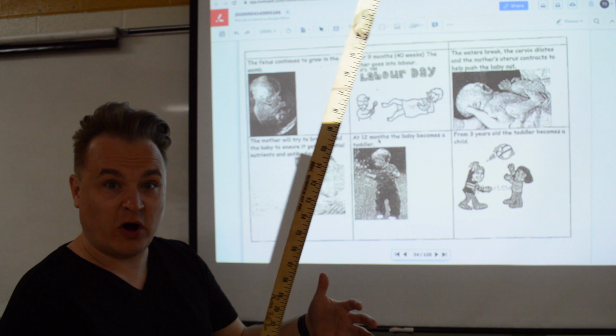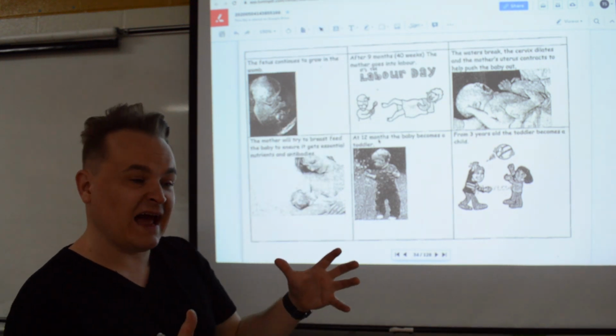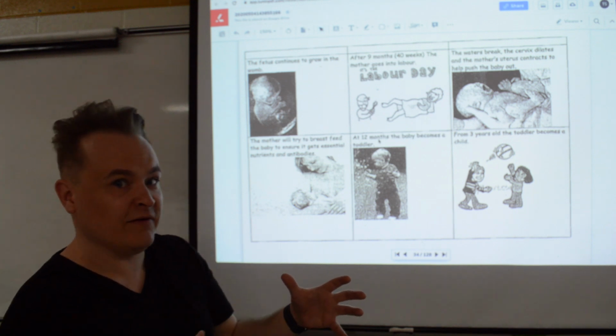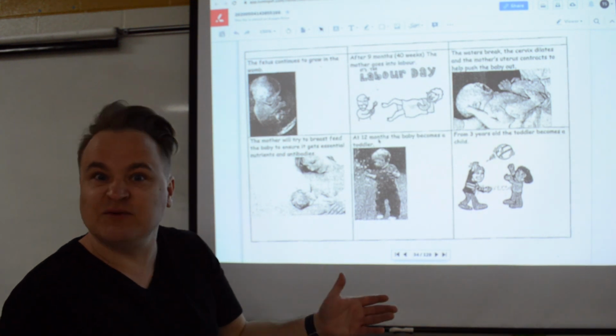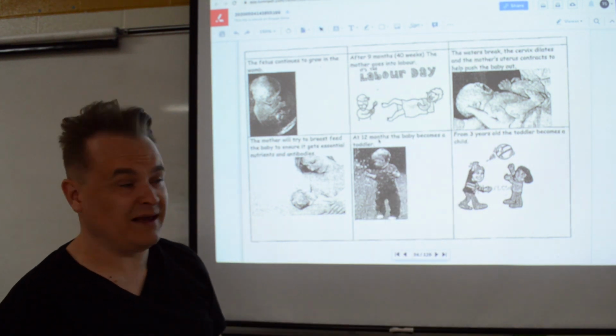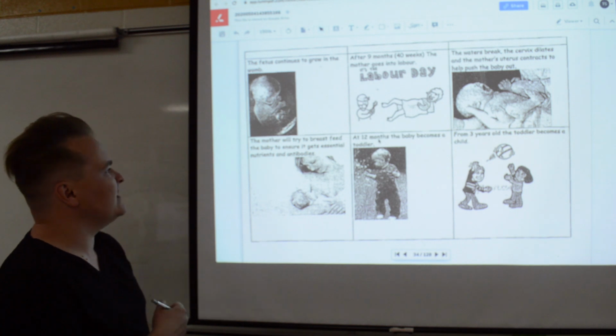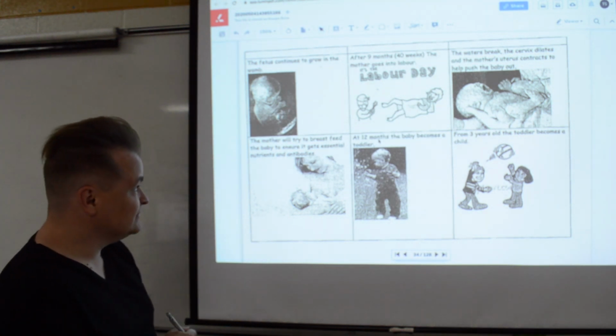That sac is filled with water. So when a woman says her water breaks, that actually means that protective sac that was keeping the baby safe, keeping it shielded, breaks. The baby's ready to be born. The uterus contracts and squeezes, and it pushes the baby out. The mother will try to breastfeed the baby to ensure it gets essential nutrients and antibodies.